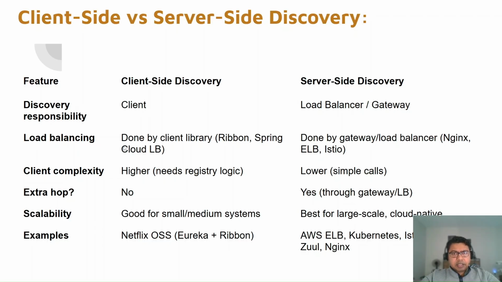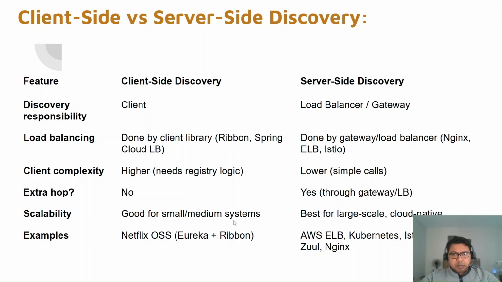Load balancing is done by the client through Ribbon or Spring Cloud LB, and for server side it's done by a load balancer like ELB. Client complexity is higher on the client side because all the registry logic needs to be inside the client, and here it's lower, no logic needs to be added in the client. Extra hop: there is no extra hop for client side. For server side there is one extra hop because it has to go to the load balancer.